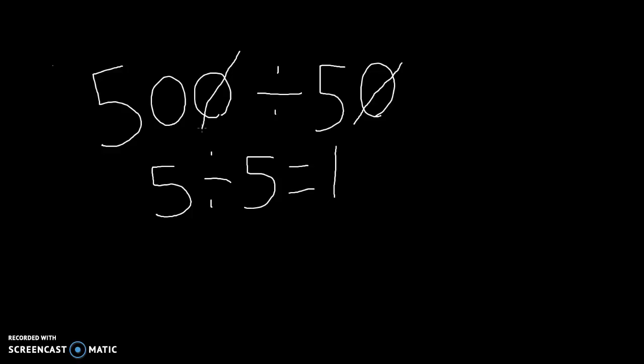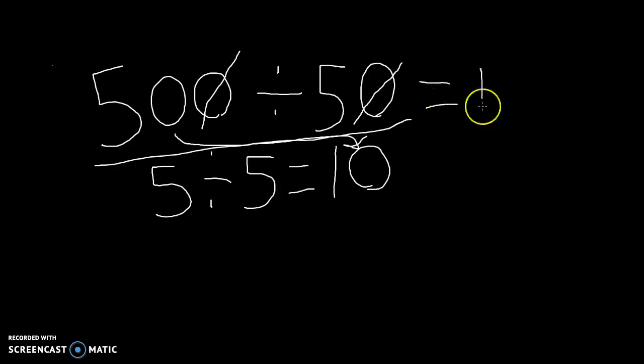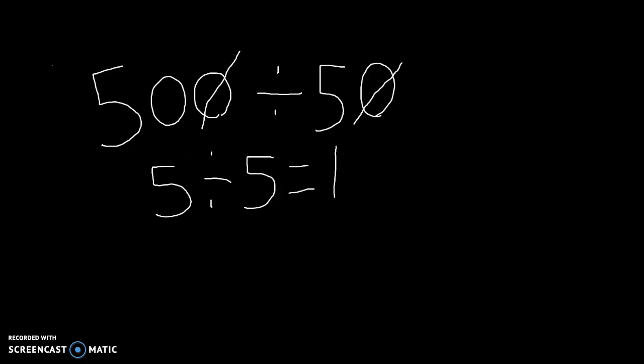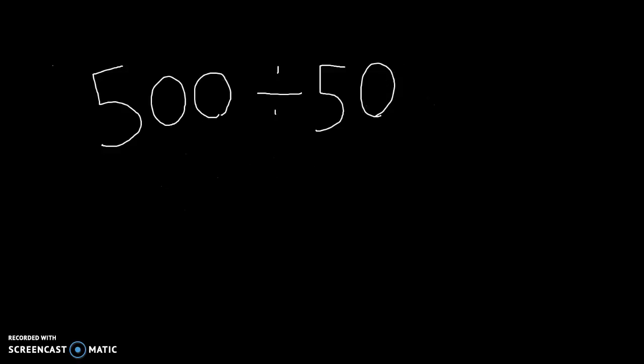Now you'll see that there's 1 zero left over that we're going to drop back into the number that we have down here. So this tells us that 500 divided by 50 equals 10. It's a very, very simple concept.